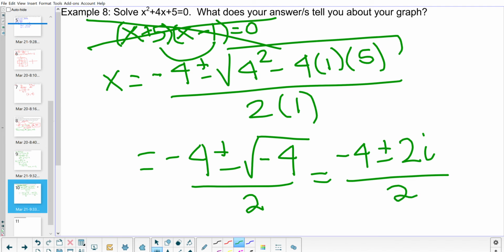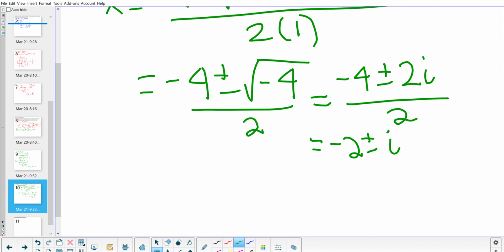Okay, and then actually that does simplify too. Alrighty, so then the question is, what does this tell you about the graph? Well, it tells you this graph does not cross the x-axis because there's no real solution.